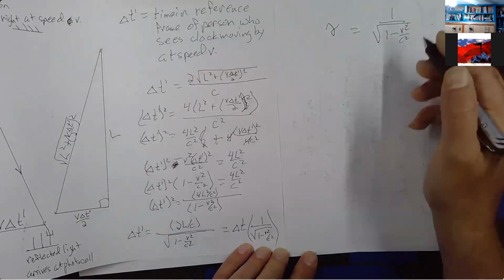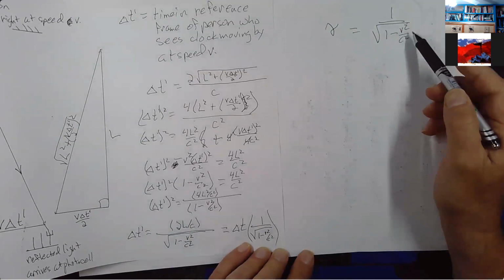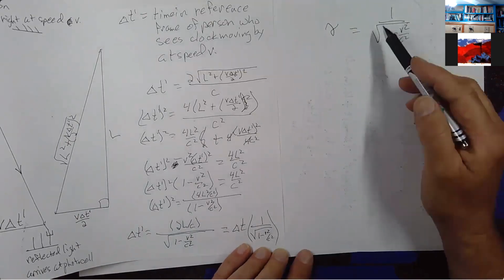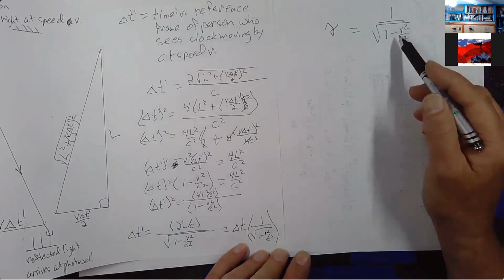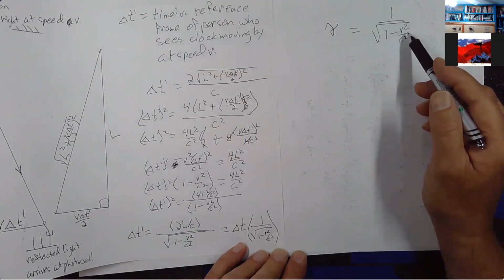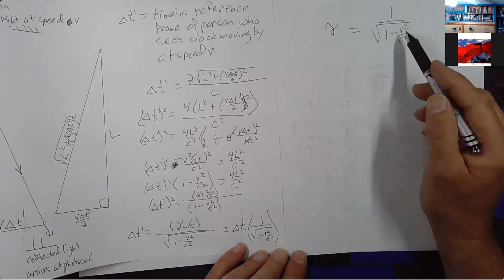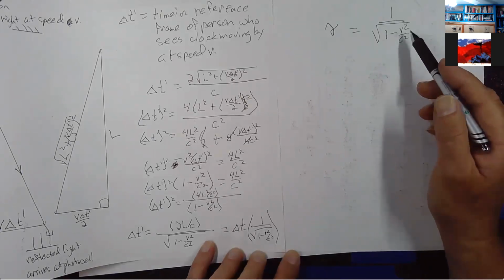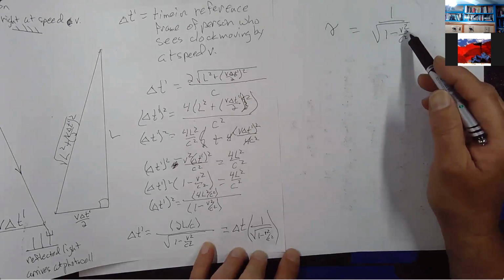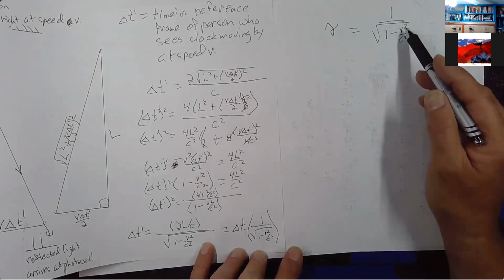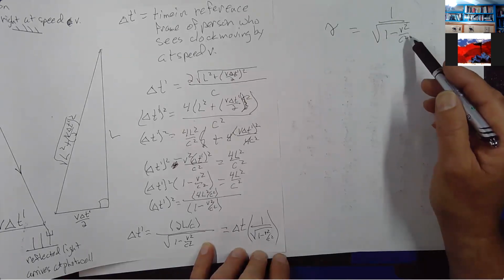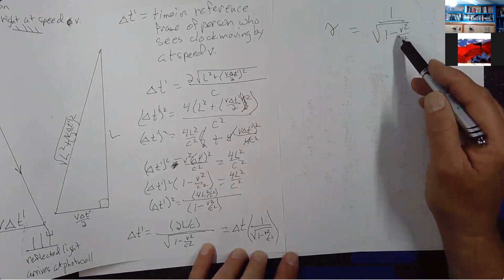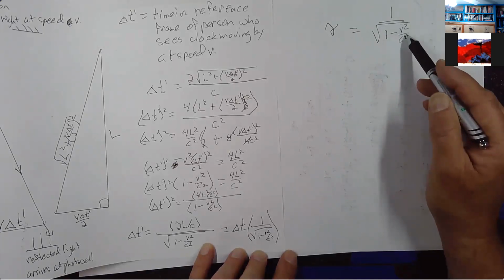Now, v is going to be less than c. At least in this calculation, we'll always have a positive number under this square root. We're not going to go with imaginary numbers here. And if v is very small, v over c is going to be a small number compared to the speed of light, and when you square it, it gets even smaller.